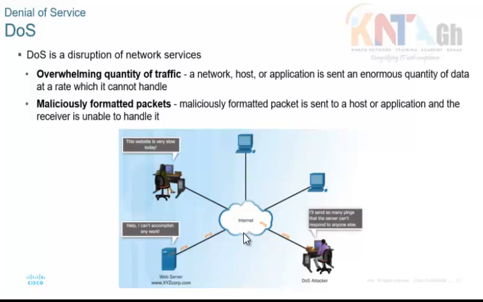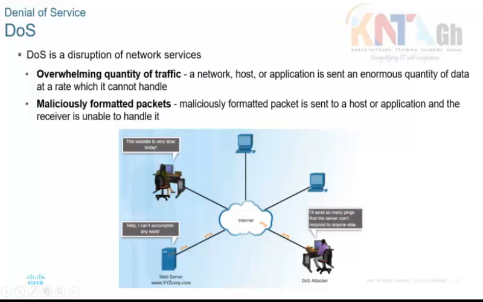So when you look at this diagram, the user here is requesting a service through the internet, and then he says that this website is very slow today. Now, this particular server can't accomplish any work, and someone here says that I will send so many pings that the server can't respond to anyone else.